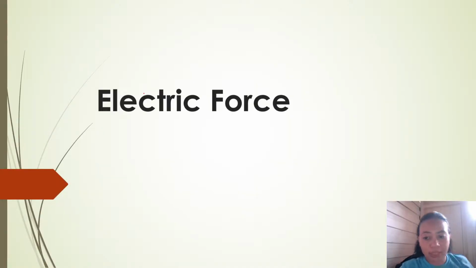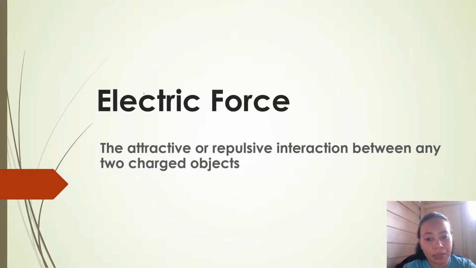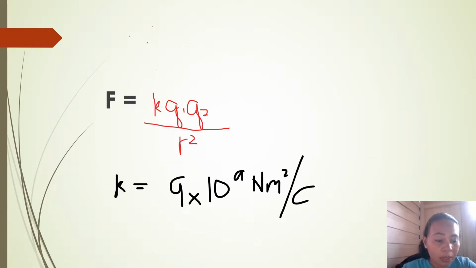So your week 1 was about electric force, and this electric force is the attractive or repulsive interaction between any two charged particles. You have already learned that a particle may be positively charged or negatively charged. Mathematically, the electric force may be computed by following this formula.